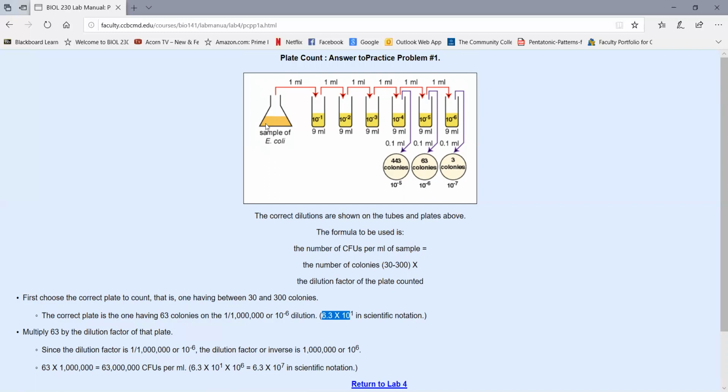If you're doing it longhand, then remember it's going to be 1 to 10, 1 to 100, 1 to 1,000, 1 to 10,000, 1 to 100,000, 1 to 1,000,000 on the plate, 1 over 1,000,000. So the dilution on the plate is 1 to 1,000,000 or 10 to the minus 6.